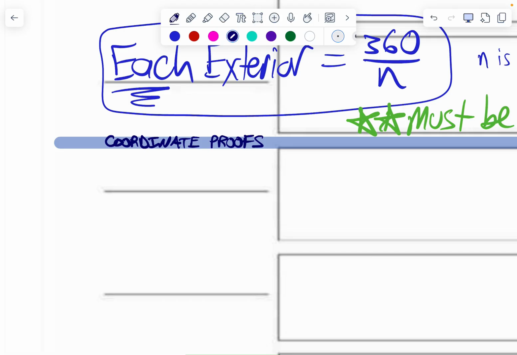We're going to do these with kites and trapezoids now before Christmas break, and then after we'll learn properties of parallelograms, which includes rectangles, rhombuses, and squares. Then we're going to do it with those as well. So this unit is quite a lot.